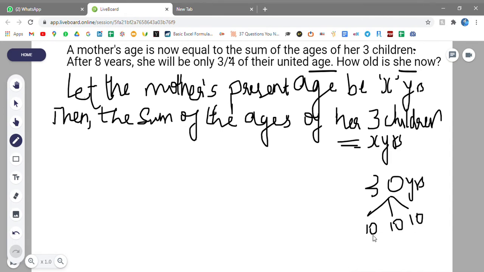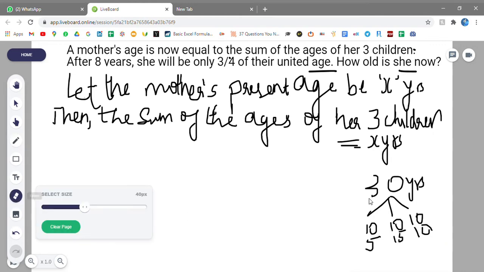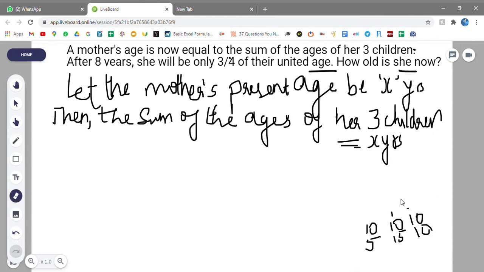There is no rule that it is supposed to be same. Or one can be 5, another can be 15, another can be 10. Any of these combinations can be used there. So from the first line of the question, we understand that the mother's present age is x years. That is also equal to the sum of age of her three children, that is x years again.